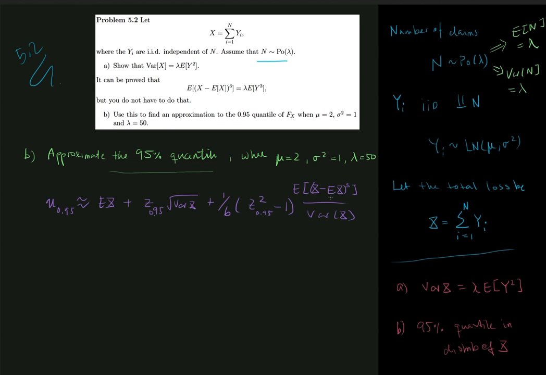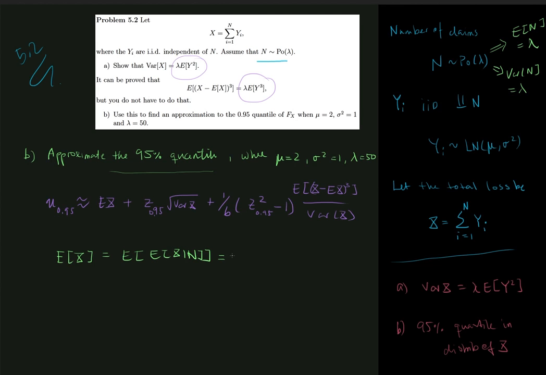Well, we know that we can substitute this using this here, right? And we also know that we can substitute the variance of x using this here. So probably we need to write down what the mean of x is before we continue. The mean of x is given as the mean of x given n, since given n equals some value n, x is just the sum of n iid variables yi.